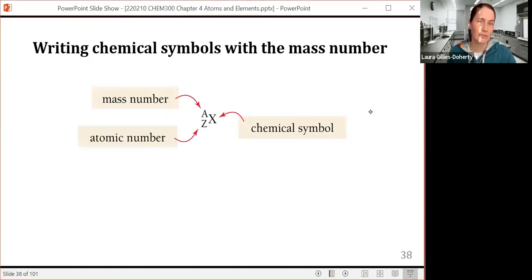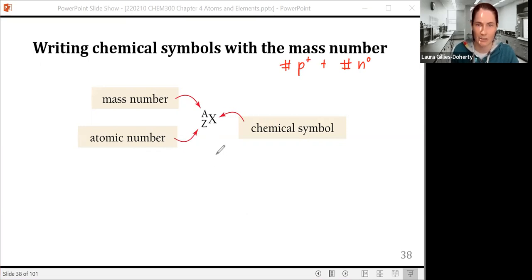So there's different ways to write chemical symbols that include this mass number. And again, mass number is the number of protons plus the number of neutrons. The way I just showed, you write the element symbol large, and then upper left, you write the mass number, and then lower left, you write the atomic number.